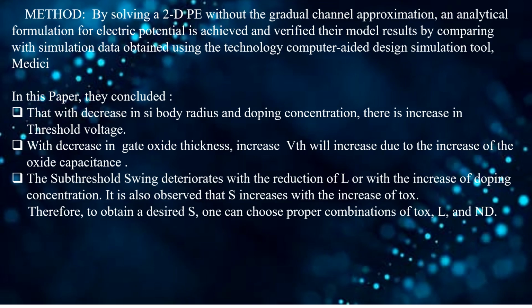In these slides, we look at some information about the threshold voltage and the subthreshold swing of junctionless surrounding gate transistors. They solved this by using the 2D Poisson's equation without the gradual channel approximation for electric potential, and they verified the results by using the technology computer-aided design simulation tool MEDICI.